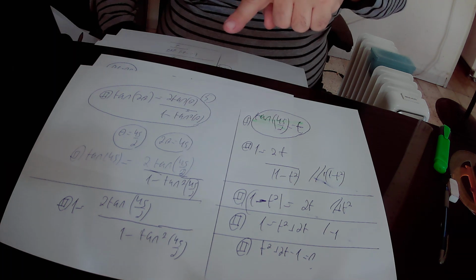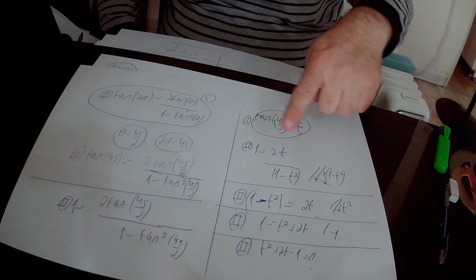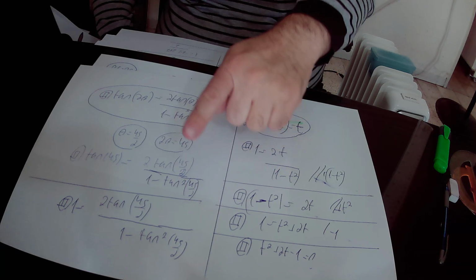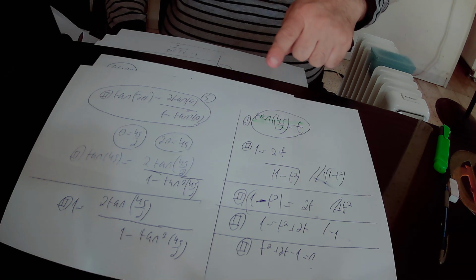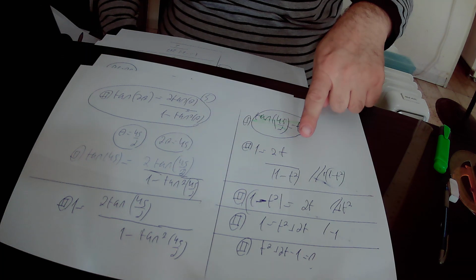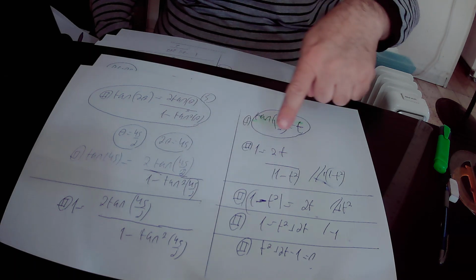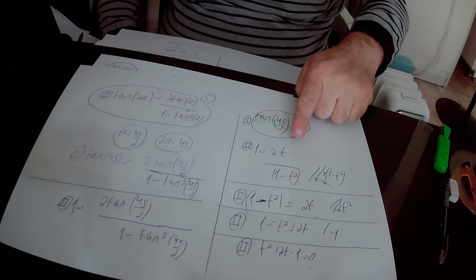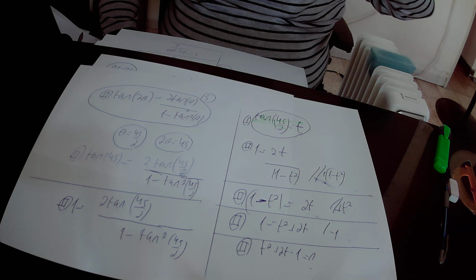So in the numerator of this side of the equation we have 2t over 1 minus tan squared 45 over 2 degrees. If tan 45 over 2 degrees is t, then tan squared 45 over 2 degrees will be equal to t squared. So in the denominator we have 1 minus t squared. So according to equation number 2, 1 equals 2t over 1 minus t squared.